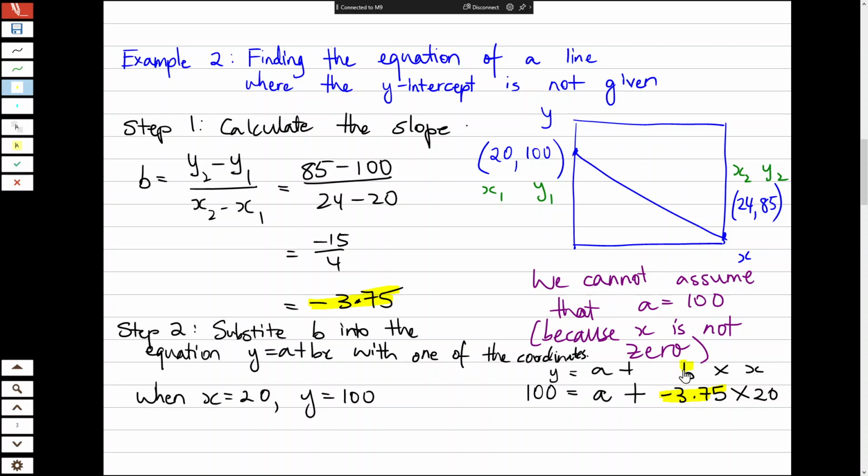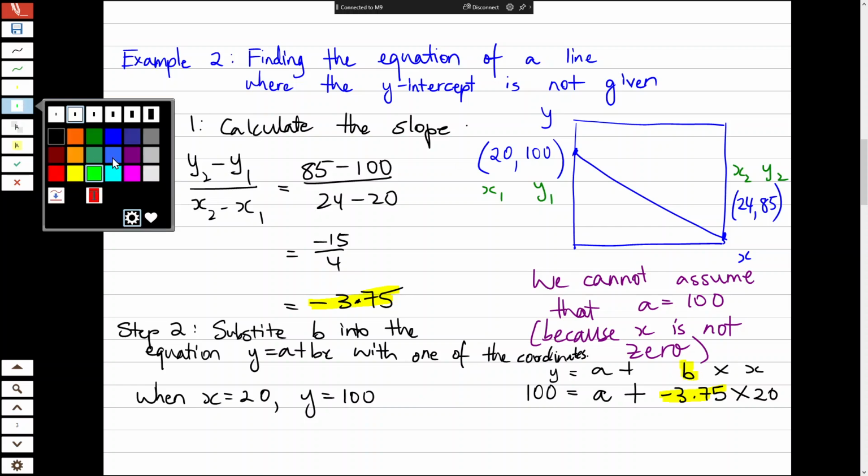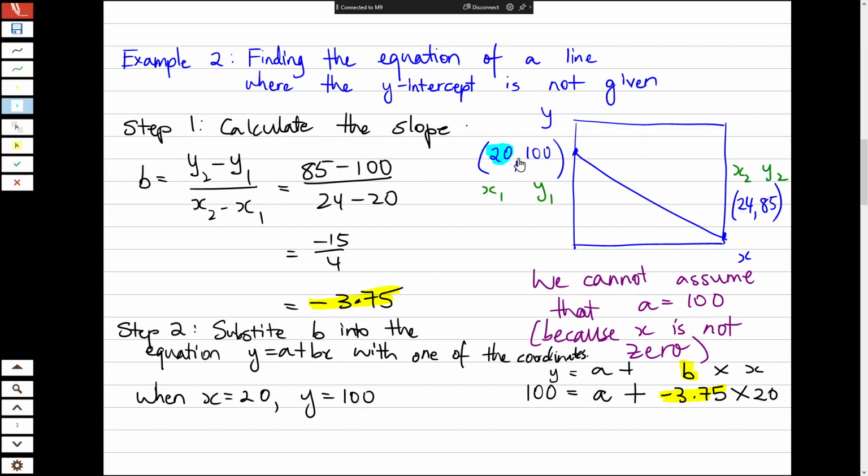Okay, so that's B. And in a different color, I've used 20 and 100, and I've replaced those numbers here.